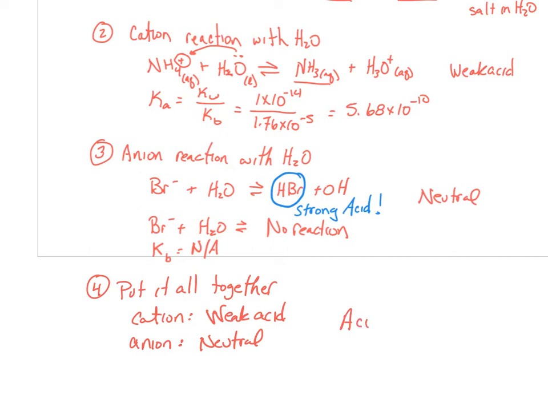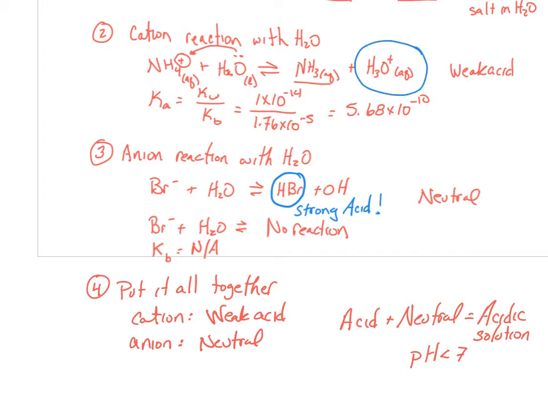An acid plus a neutral in solution is going to result in an acidic solution, so I would predict that my pH is less than 7. This is because when ammonium bromide is dissolved in water, we get H3O plus left over in the solution, and that H3O plus is what makes the solution acidic.